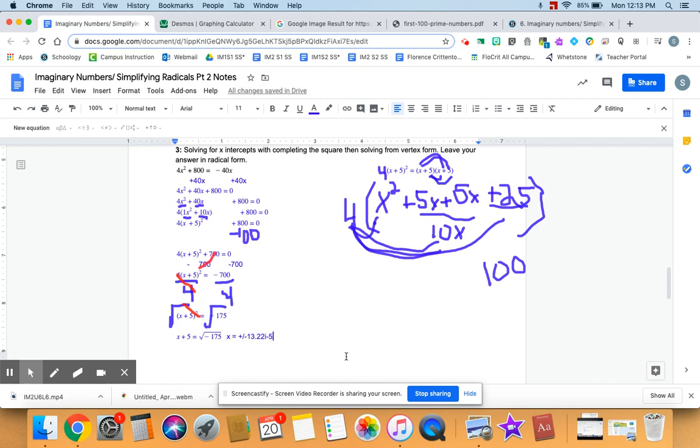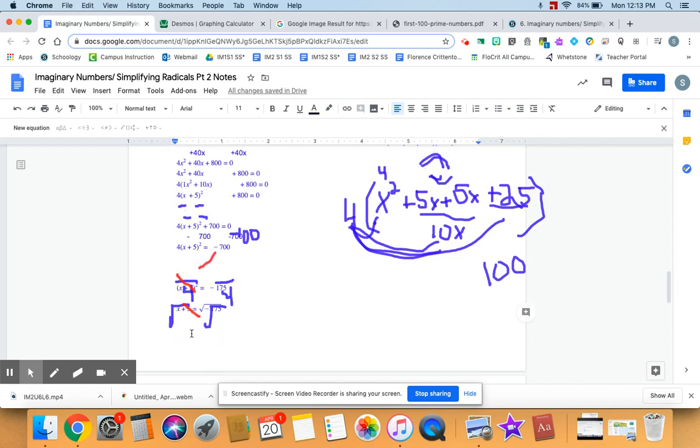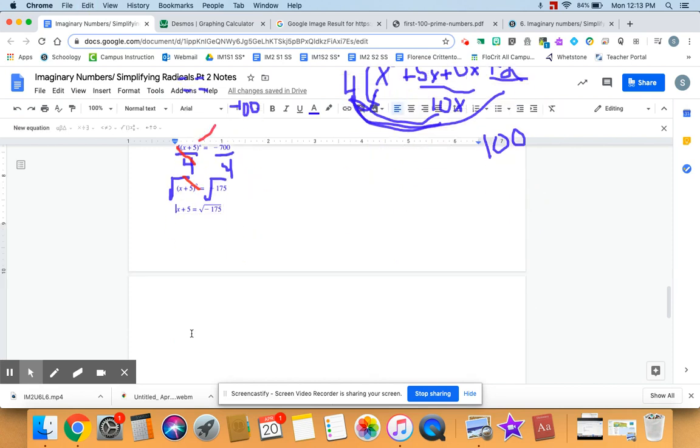So that's basically what the answer would look like if they didn't want you to leave it in radical form, but they do. So instead, we're going to break apart this radical.